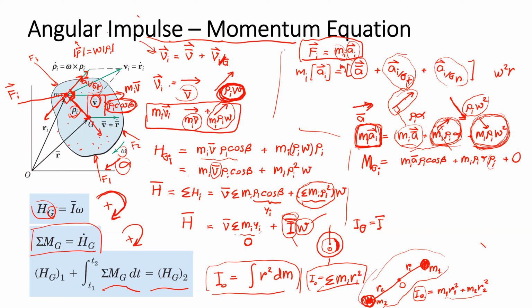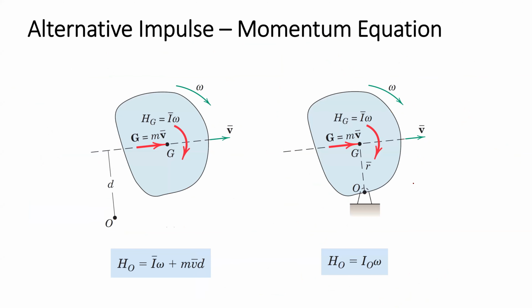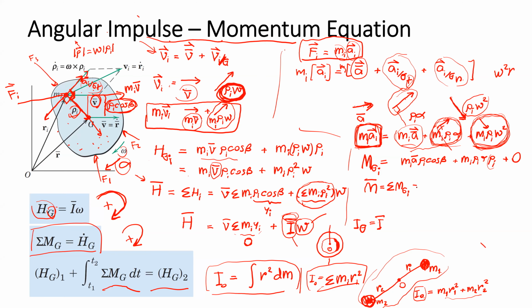If we want to obtain the total moment about point G, it is equal to the sum of the moment about point G of the individual mass i. That means we need to sum this term and sum this term for all the mass.